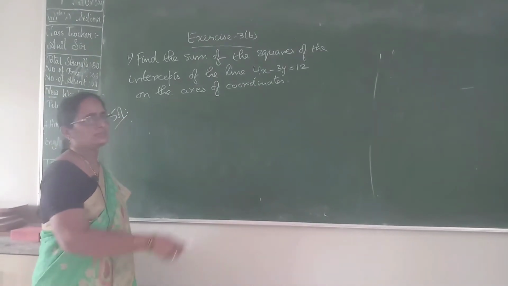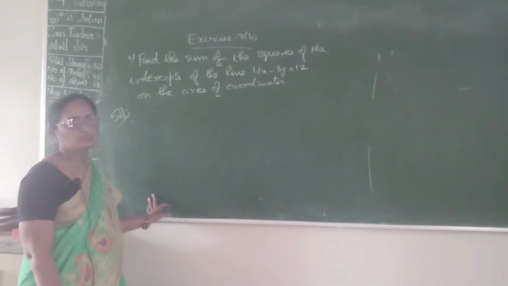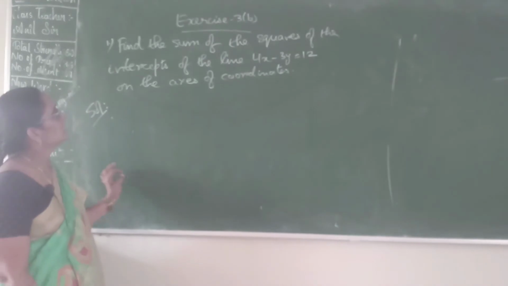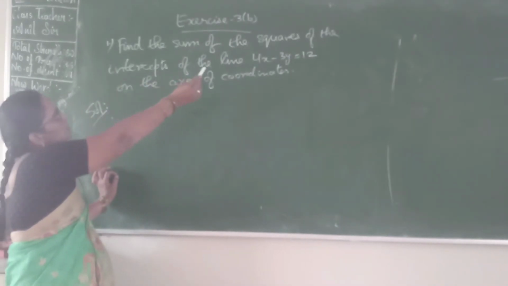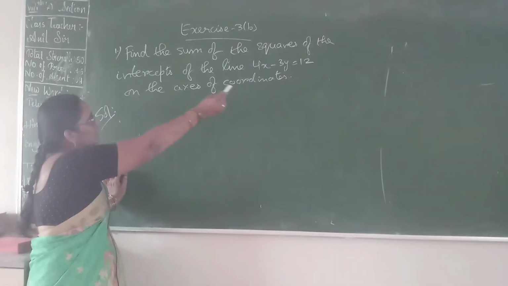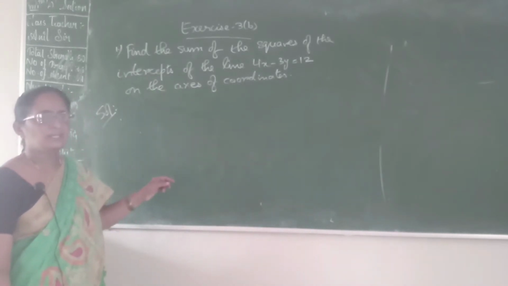Now we are starting the exercise 3b, which are related with all these types of problems. Till now we discussed what are the different forms of the straight line. See here, find the sum of the squares of the intercepts of the line 4x minus 3y equal to 12 on the axis of coordinates. Here what is said? Intercept. So which form we have to apply?